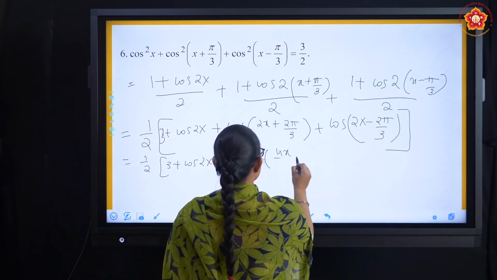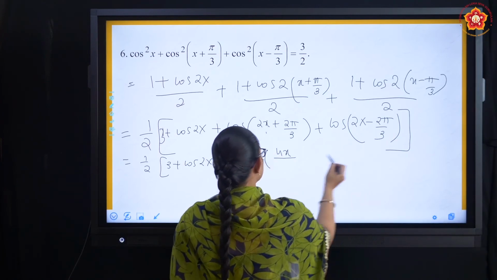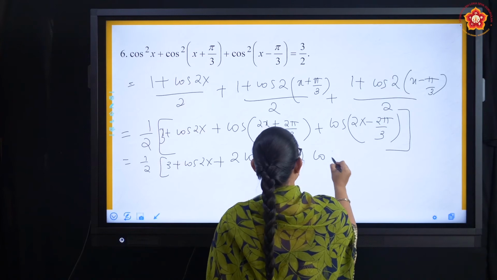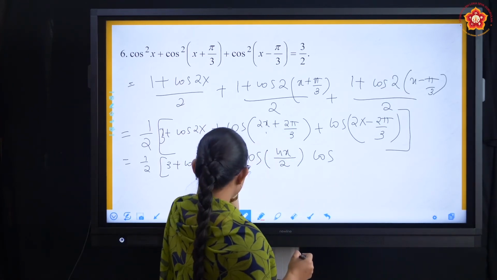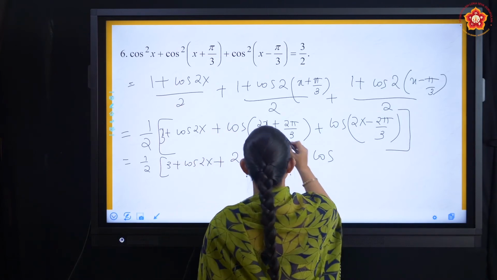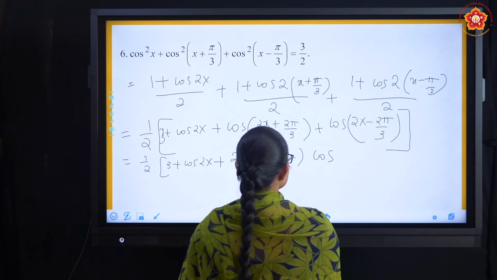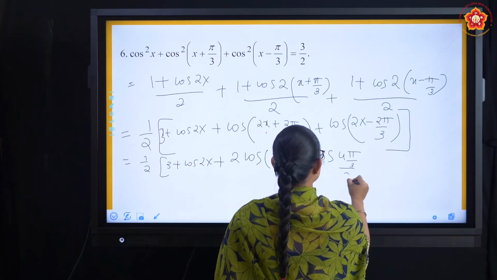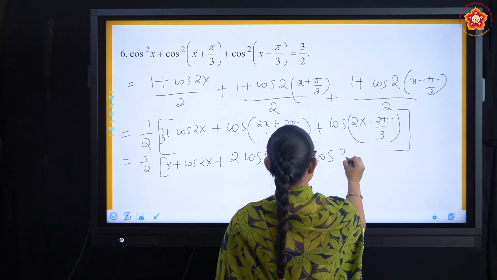So we have 2x plus 2 pi by 3 plus 2x minus 2 pi by 3 by 2 as 4x by 2. Now we have here 2 cos x plus y by 2 cos x minus y by 2. So 2x minus 2x 0. 2 pi by 3 plus 2 pi by 3, that is 4 pi by 3 by 2, that is again 2 pi by 3.